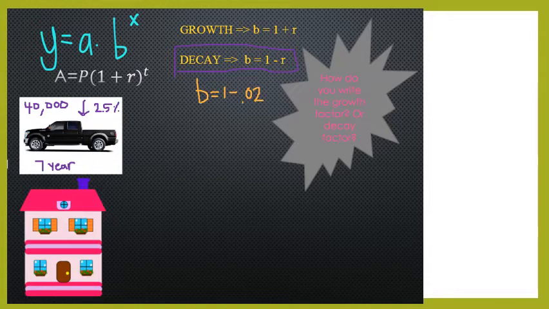You're taking your percentage rate and converting it to a decimal. So 1 minus 0.025 gives me a decay rate, or a B, of 0.975.